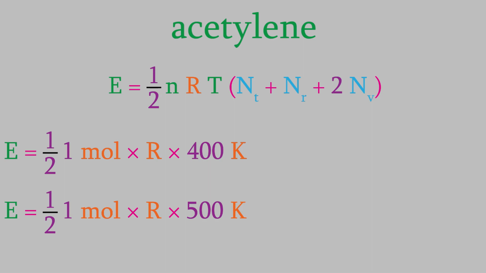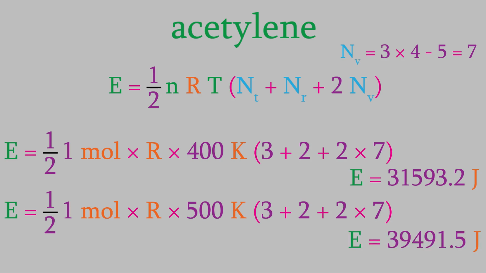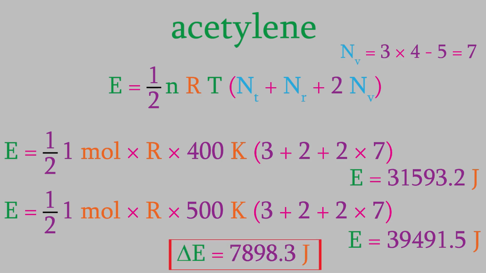So, there are 3 translational degrees of freedom, 2 rotational degrees of freedom, and 7 vibrational degrees of freedom. That gives us 31,593.2 joules at 400 Kelvin and 39,491.5 joules at 500 Kelvin. That's a difference of 7,898.3 joules for acetylene.